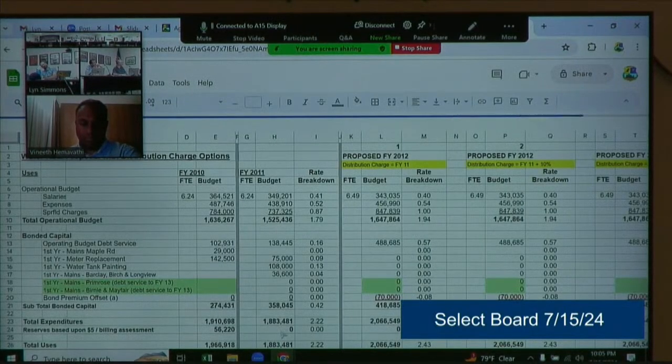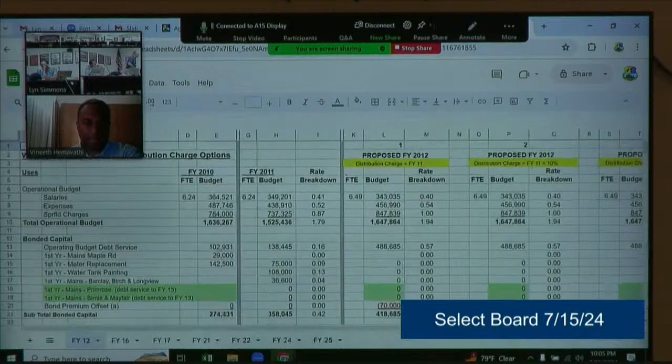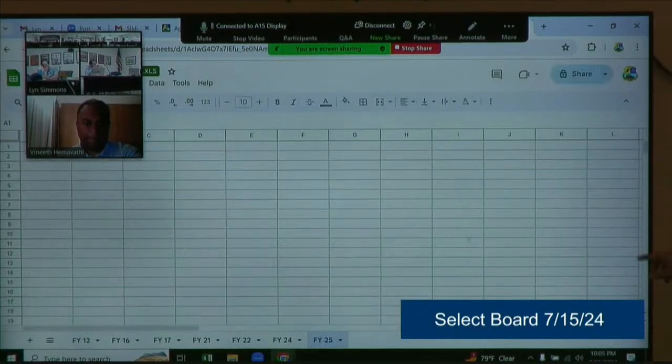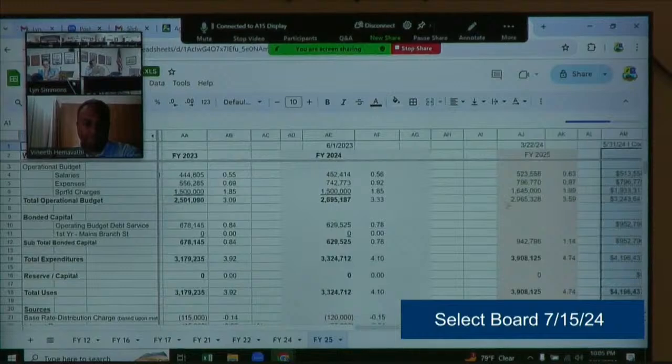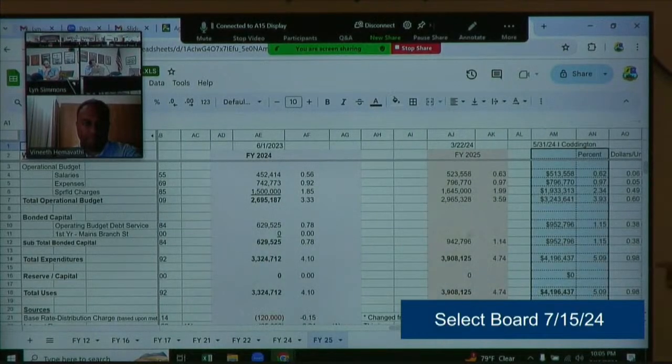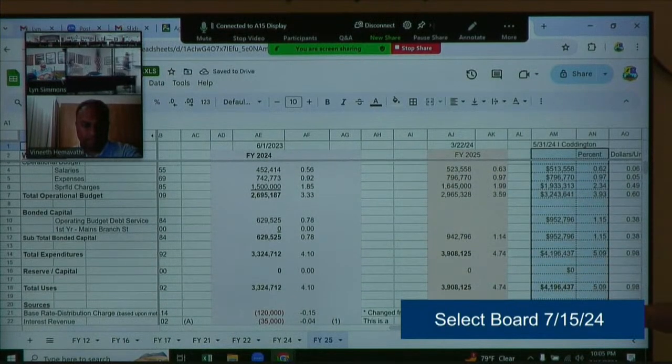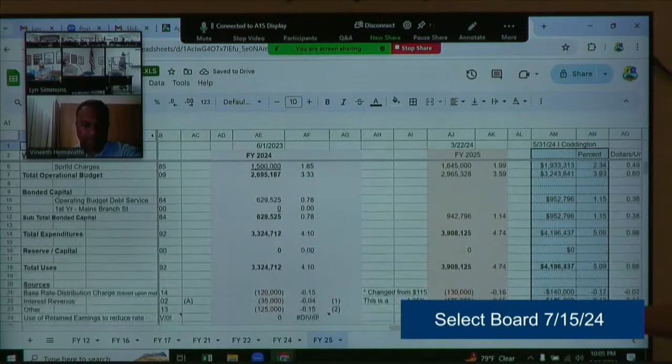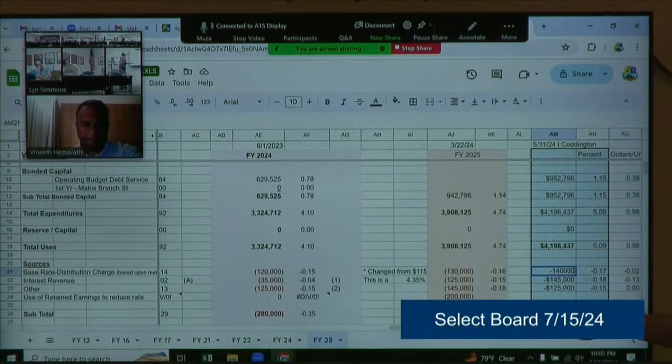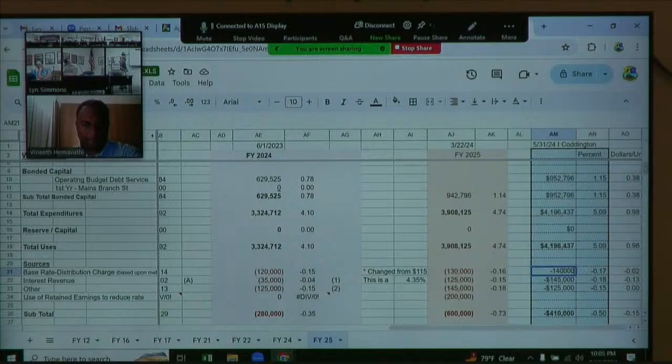So if you go to the right, Mike, what you want to do is put, instead of this minus 140, put minus 160.